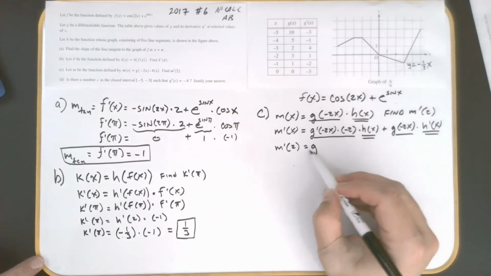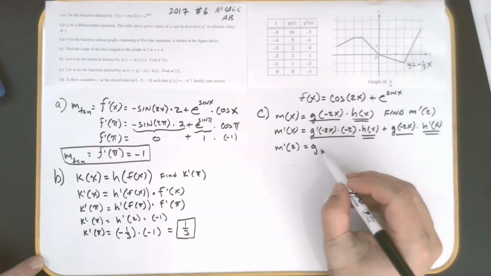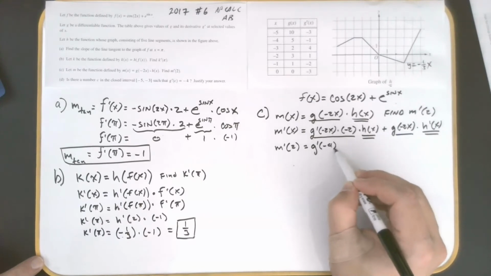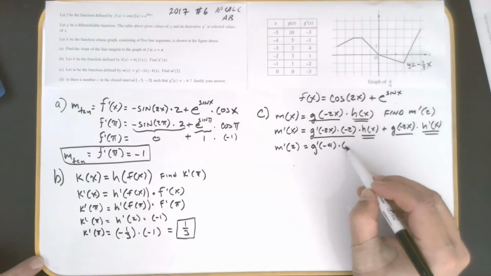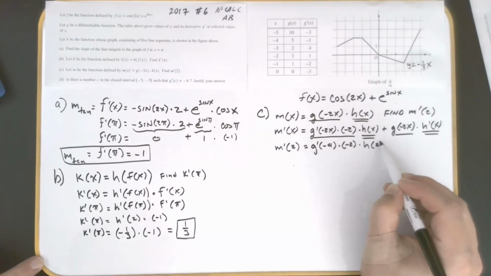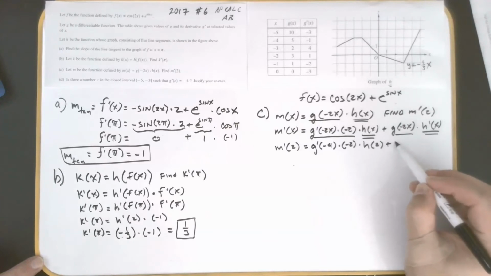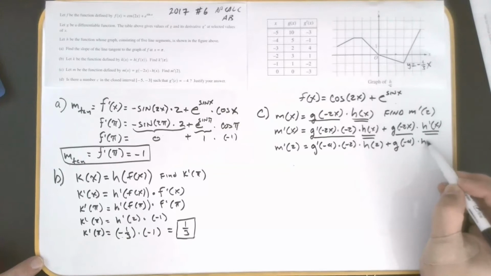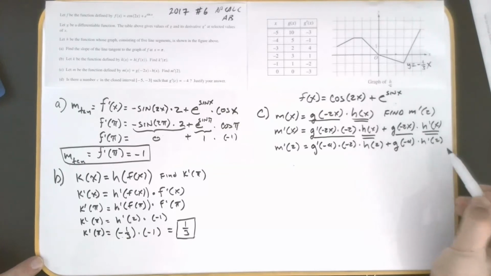So let's see what we get. M prime of 2, if we put 2 in here, we get g prime of negative 4, and then we just still have this negative 2 sitting there, times h of 2, plus g of negative 4 times h prime of 2.